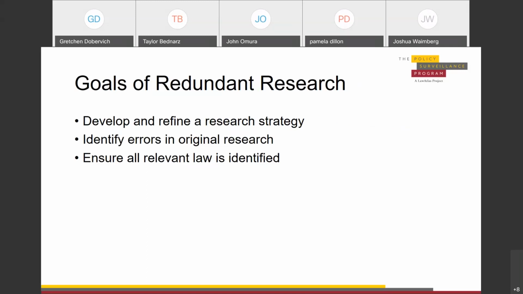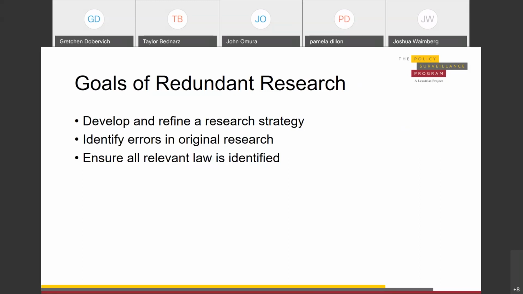Having 2 researchers independently identify the relevant law for a single jurisdiction identifies both researchers' set of search terms, secondary sources that they've used to verify their research, and any divergent chapters of the law that would need to be checked. Additionally, these divergences allow us to identify errors in the research.